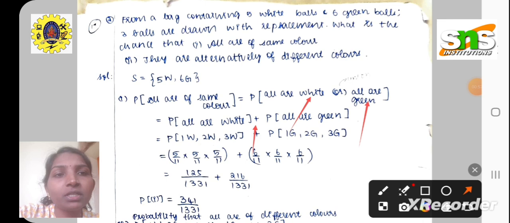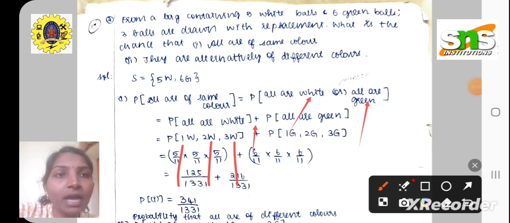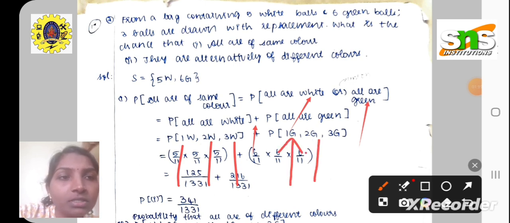So what is the probability of all are white? First white ball, second white ball, and third white ball will be the first term. Similarly, the second term will contain first green ball, second green ball, and third green ball.